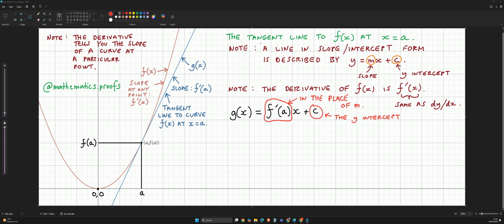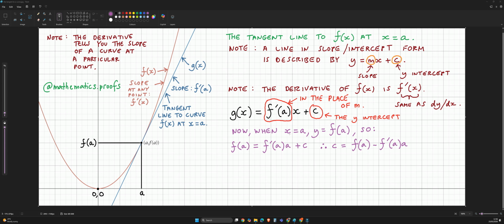This means that the tangent line to f(x) at x equal to a can be described by g(x) equal to f'(a) times x plus c. Now f'(a) is in the place of m, that's the slope, and c is the y-intercept, which is still to be found. So how is c discovered?